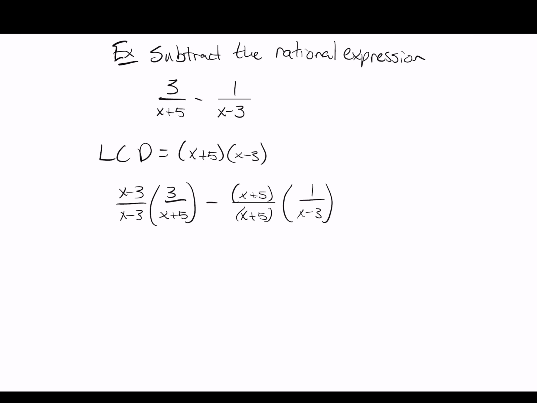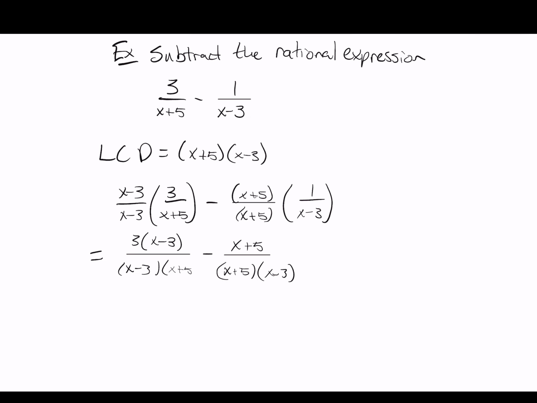And that will give us the same denominator for both terms. So what we're left with is 3 times x minus 3 all over x minus 3 times x plus 5, minus x plus 5 over x plus 5 times x minus 3.